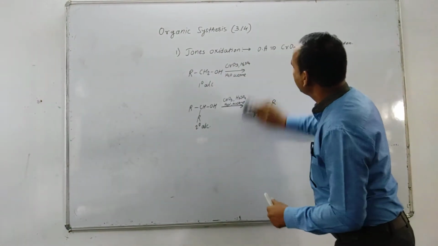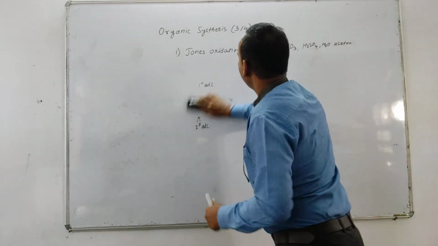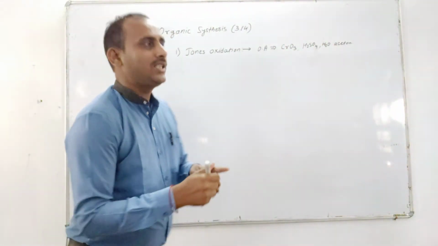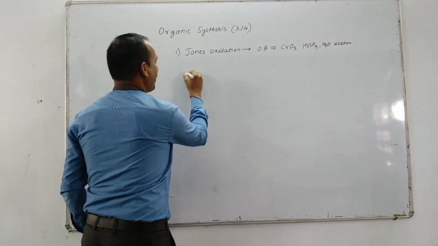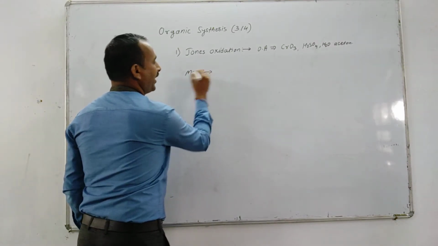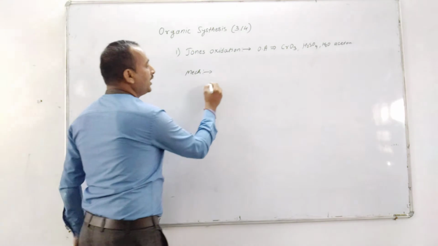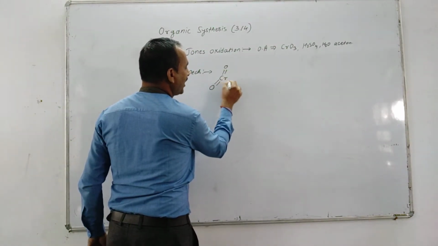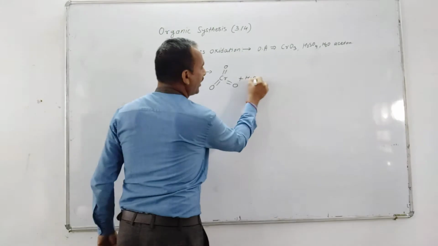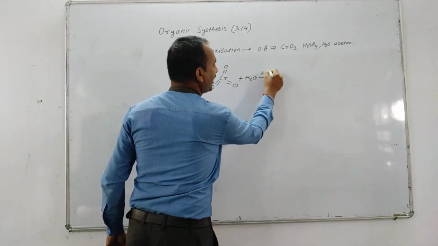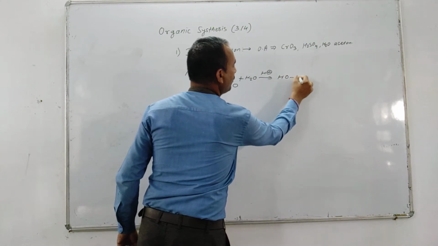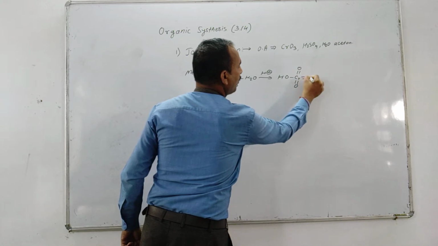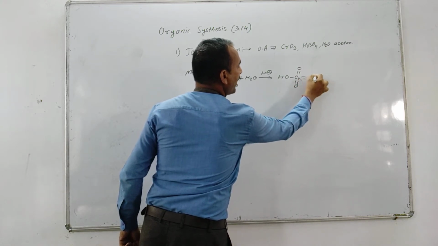How the alcohol is oxidized to carboxylic acid. See here the mechanism of the reactions. Here the chromium trioxide, water, and in H plus condition it gets converted to HO-Cr(=O)-OH.